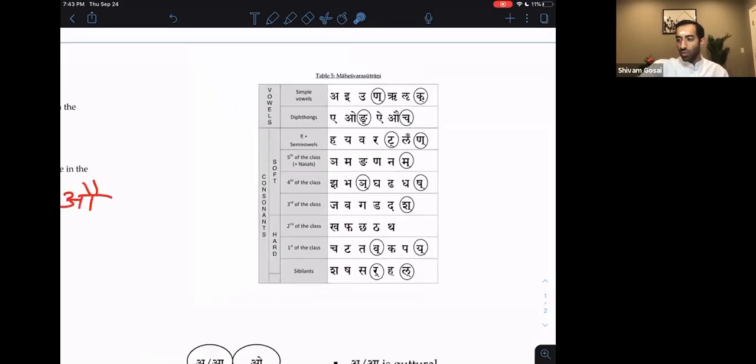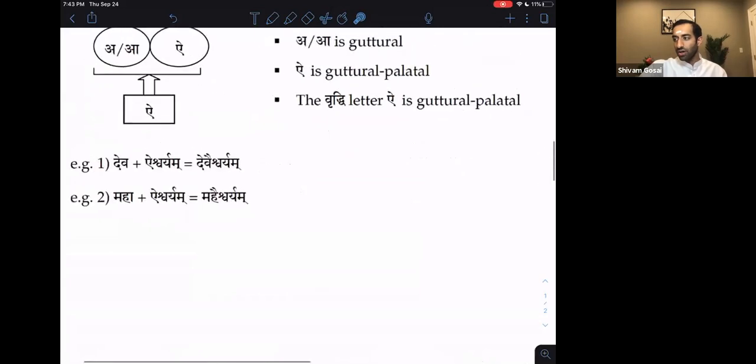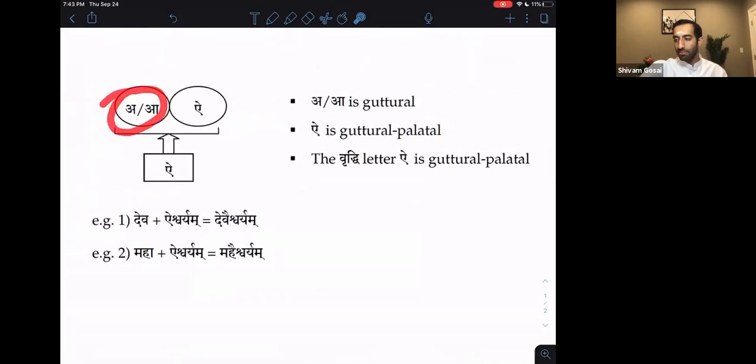So when avarna meets ai, they both get replaced by ai, because ai is one of the vriddhi letters. Does that make sense?